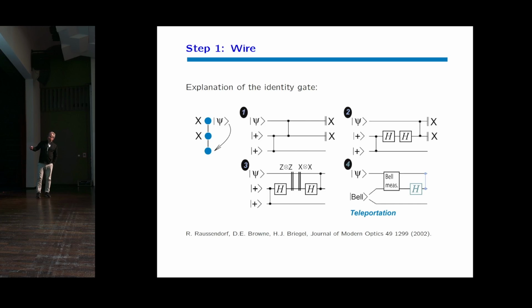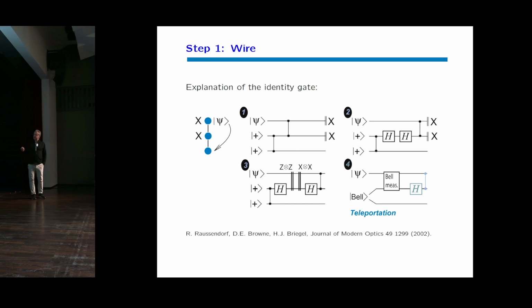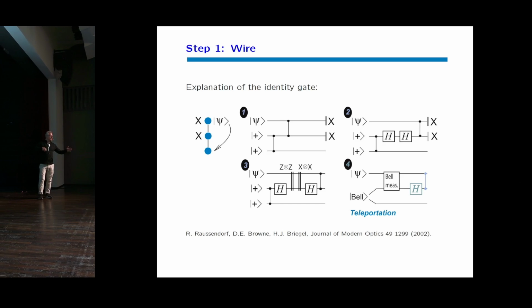So this protocol, shown as a circuit, looks like this, and we want to show that it does indeed what it is supposed to do. And that, by a few simple tricks, rearrangement of operations can be traced back to teleportation. So you see how these various things are related, and you saw it already.